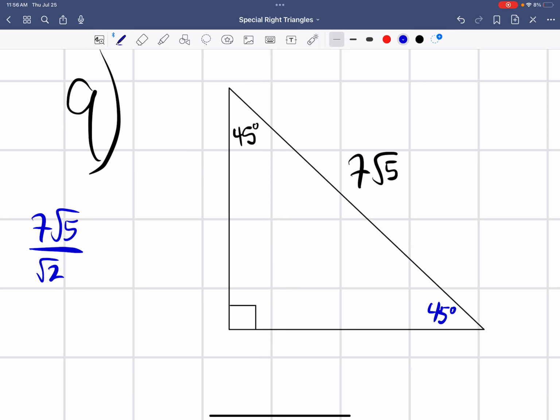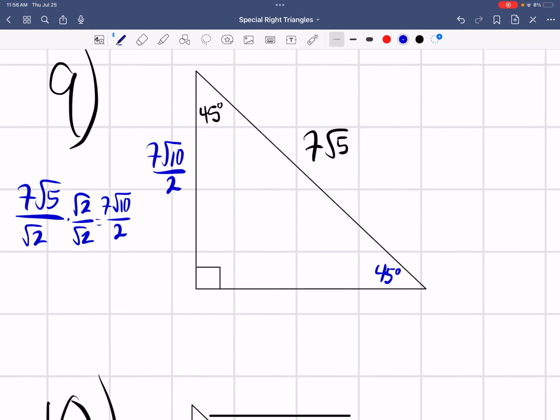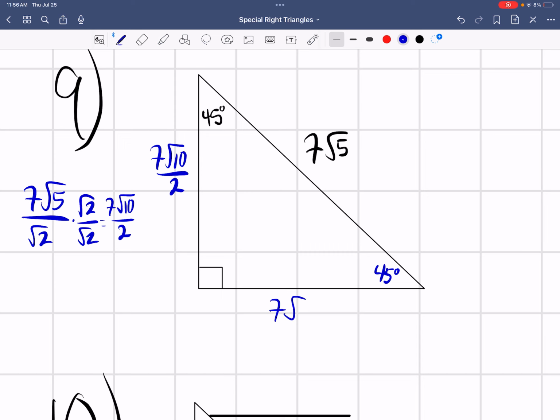Again, we need to rationalize the denominator. We'll just multiply by root 2 over root 2, which will give us 7 root 10 over 2. The two legs are always the same for these triangles, so this is also 7 root 10 over 2. Voila. One more problem.